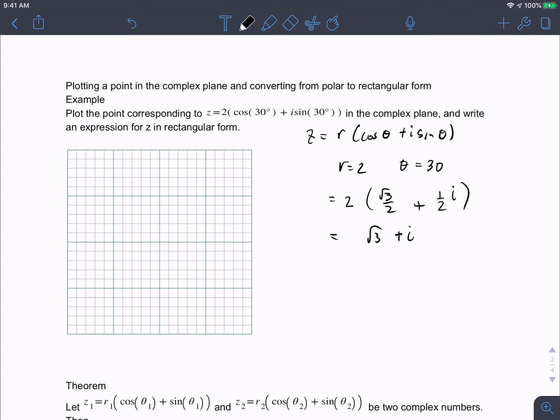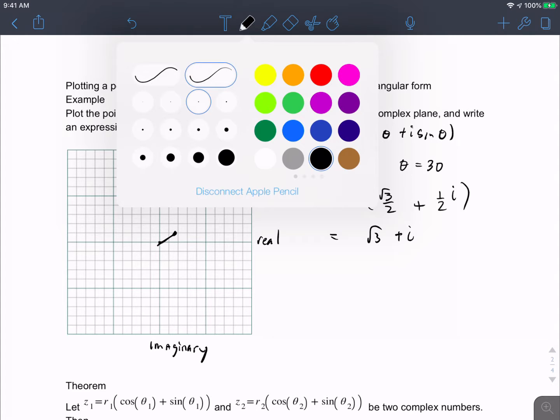So now that we have it in this form, we can plot this easily. Remember again, this is the real, this is the imaginary. And so if this is the origin, we're going to go radical 3 over, or 1.73, and then up 1. This is going to be our result.